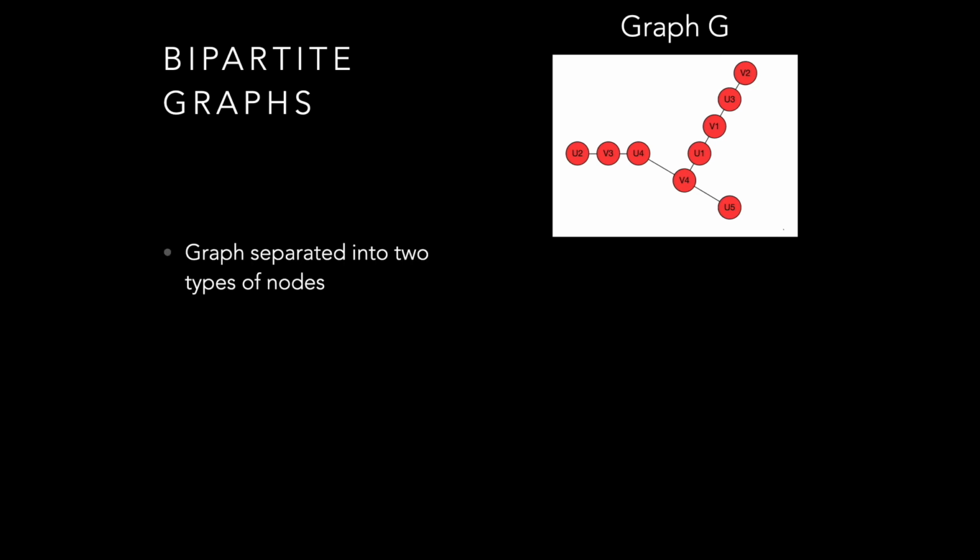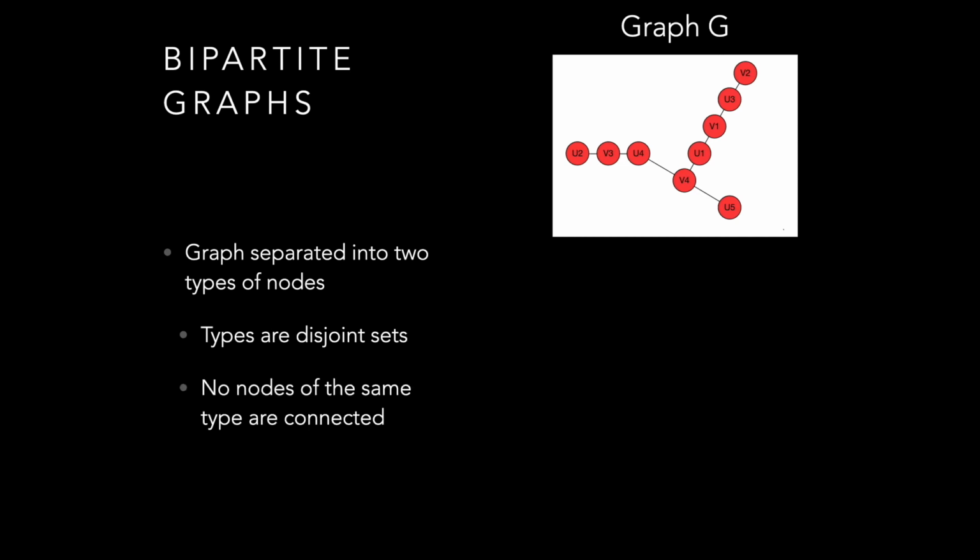For a bipartite graph, we have graphs that must be separable into 2 types of nodes. When we talk about node types, we can talk about sets of nodes, and a single node must only be of one type. So the types let us separate our graph into 2 disjoint sets of vertices, and no nodes of the same type are ever connected to each other.